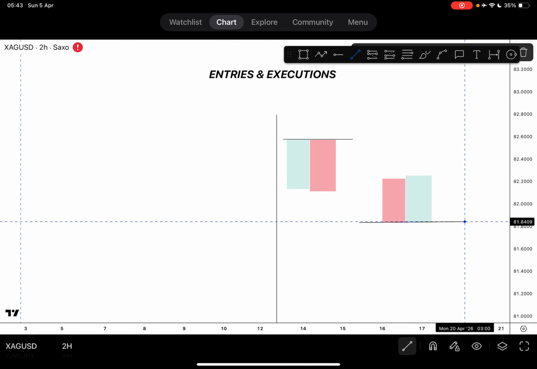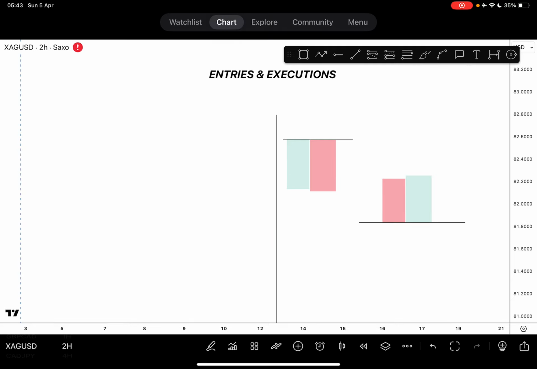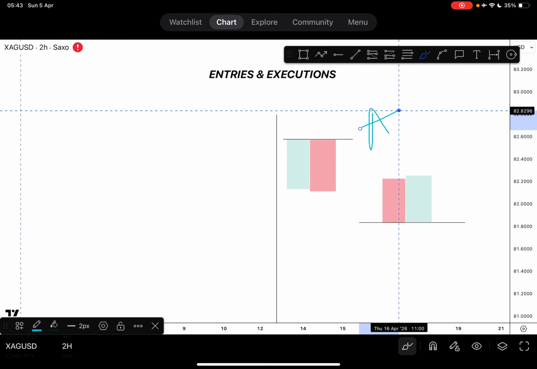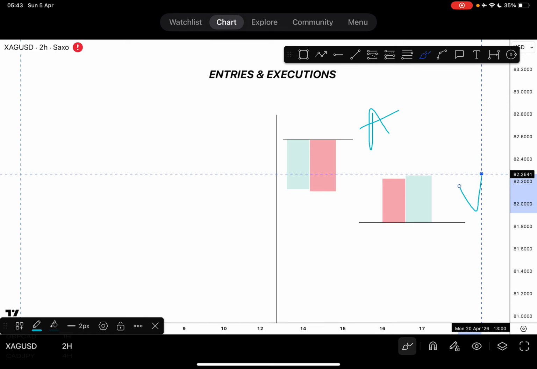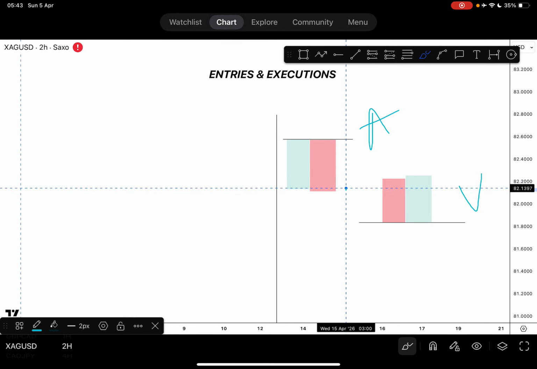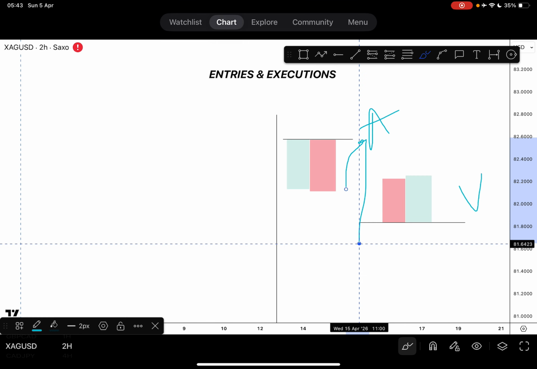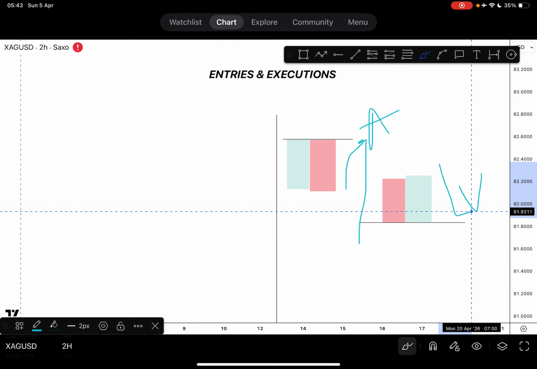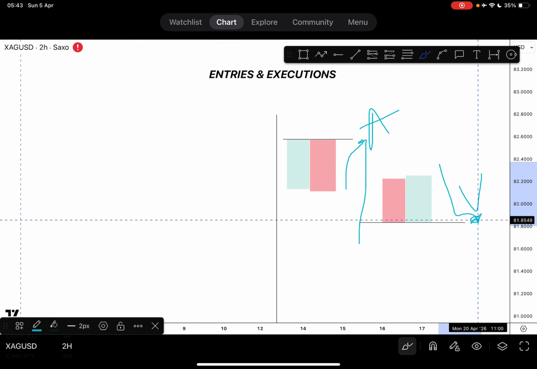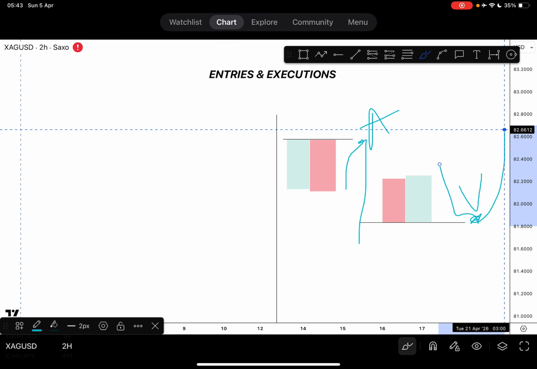The first example is called an A-shaped key level, and the second example is the V-shaped key level. The A-shaped key level is a kind of resistance key level, where price is expected to sell from, while the V-shape is like a support, where price bounces from or buys from.